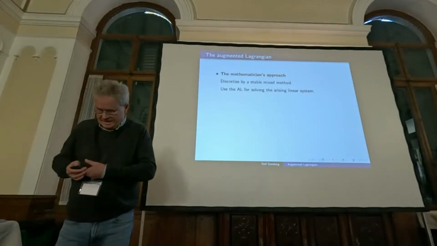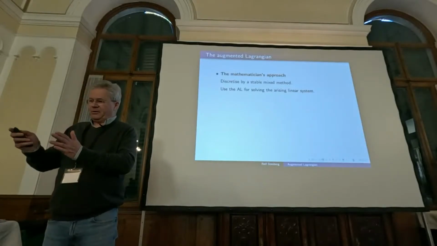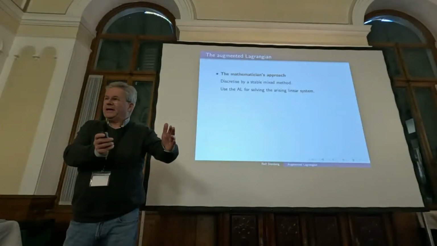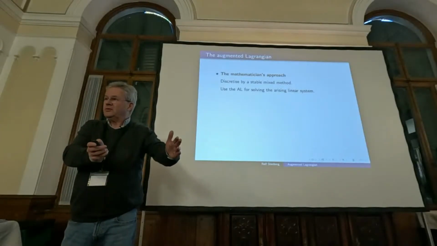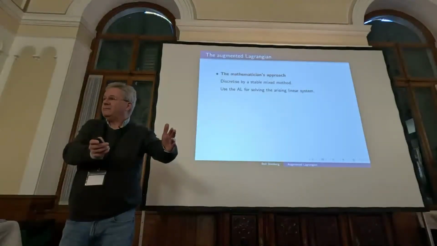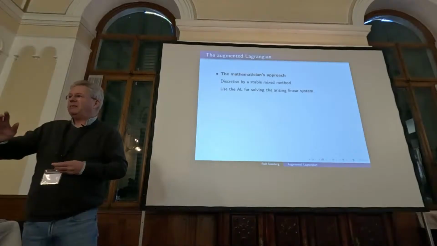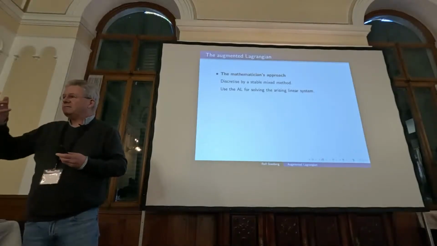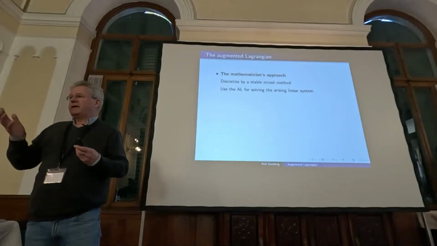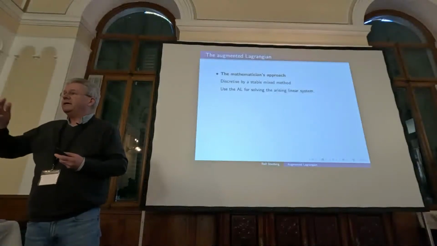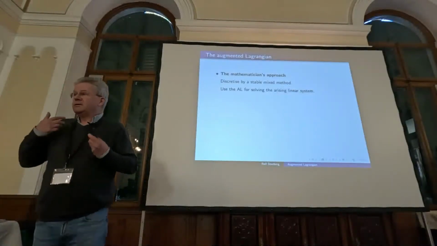In that way you have separated the problems: first you have the finite element analysis, where you don't see the epsilon, and then you have linear algebra, where the only problem that can happen is the ill-conditioning.